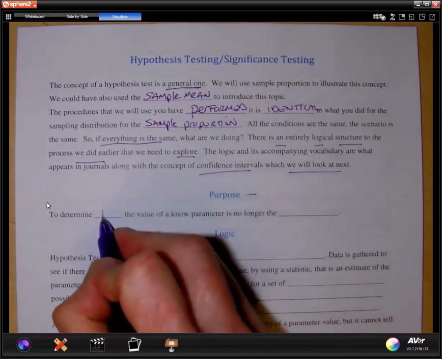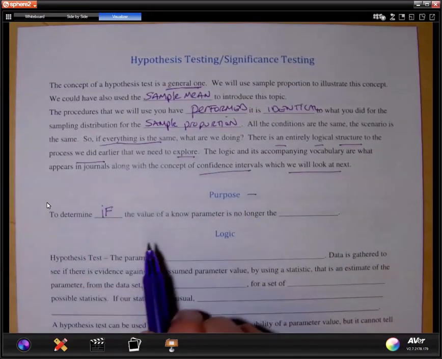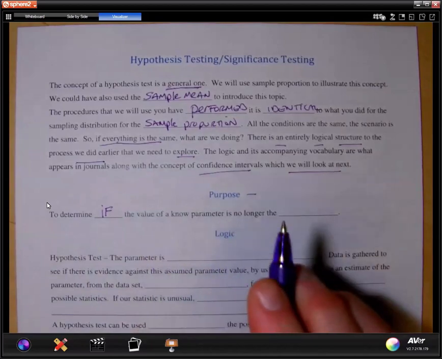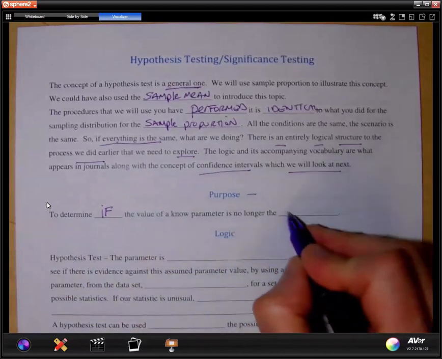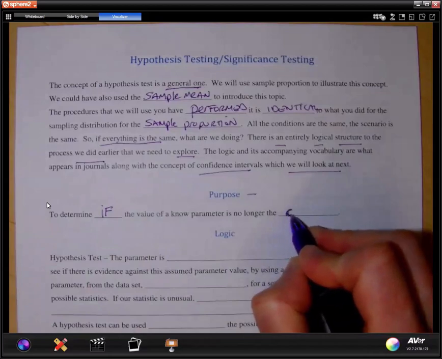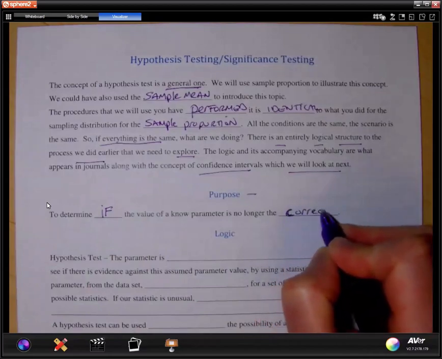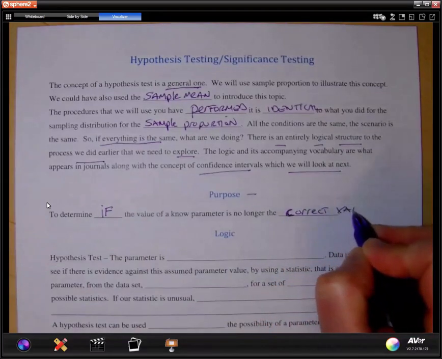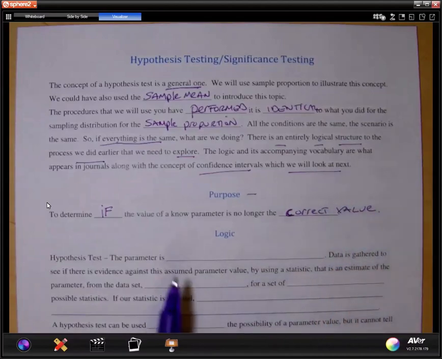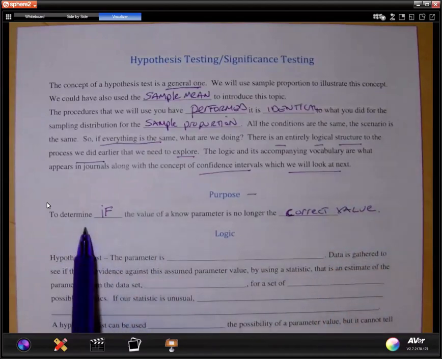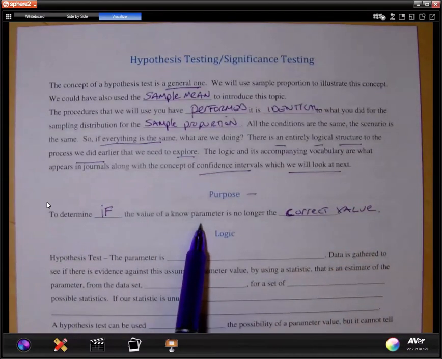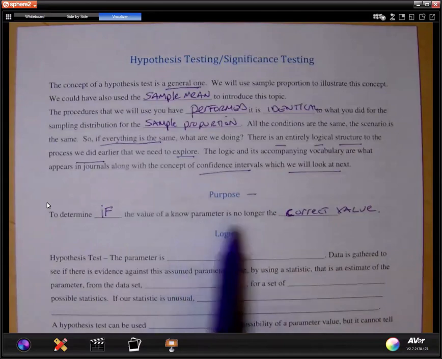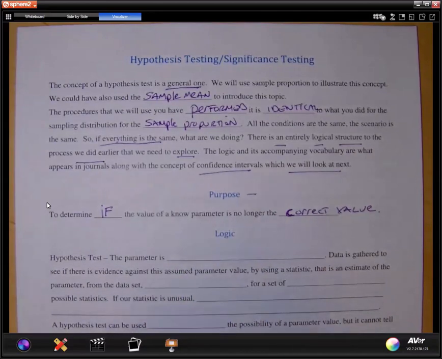To determine if, and a big if, the value of a known parameter is no longer the correct value. So we're going to try and determine if we have a known parameter, if there's any evidence that it's no longer correct.